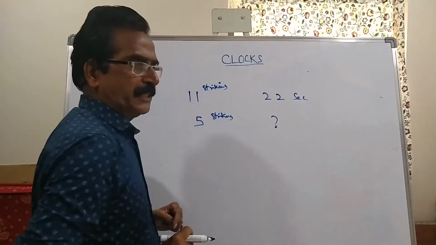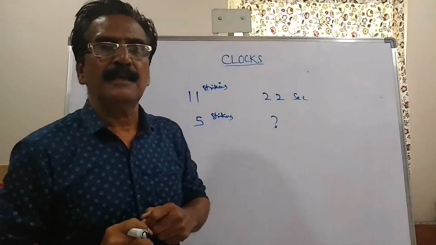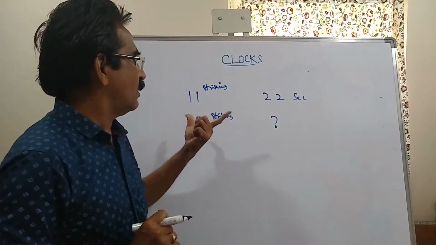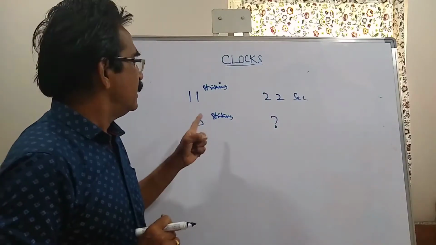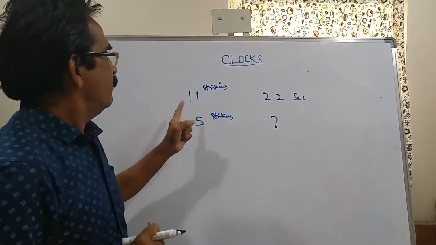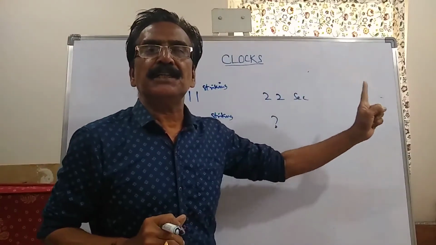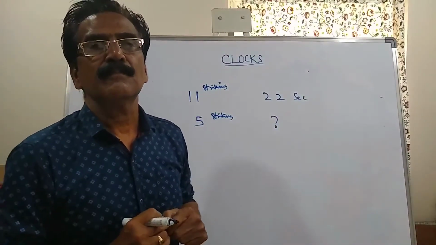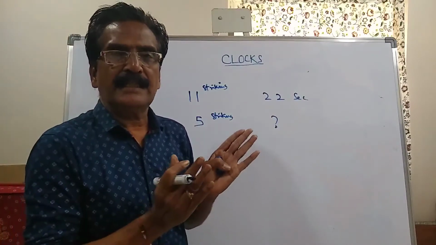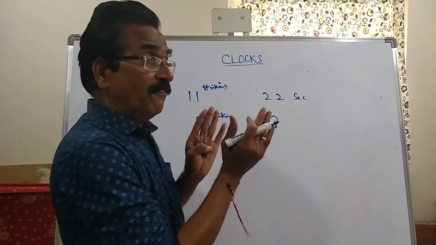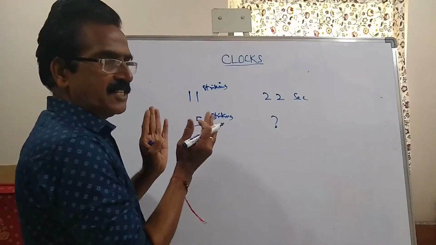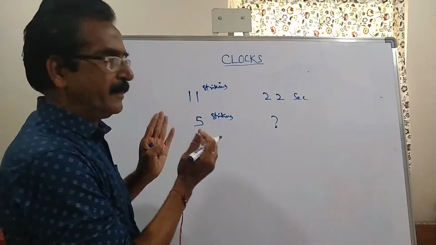The clock takes 22 seconds to strike 11, and what time does it take to strike 5? Friends, 11 strikings in 22 seconds is actually the time taken for 10 intervals.